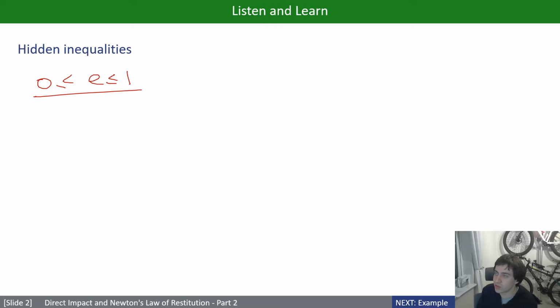E is always between 0 and 1. Another one, fairly obvious. We know masses are always greater than or equal to 0. Let's, in fact, get rid of the edge case. Masses are always greater than 0. Another hidden inequality you can always assume.